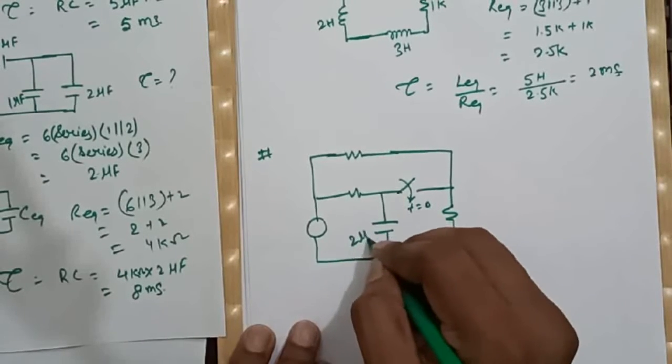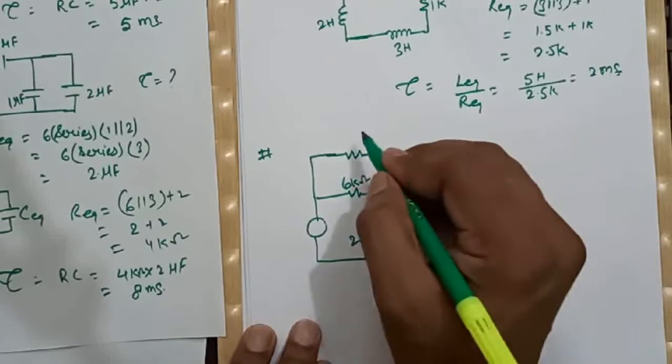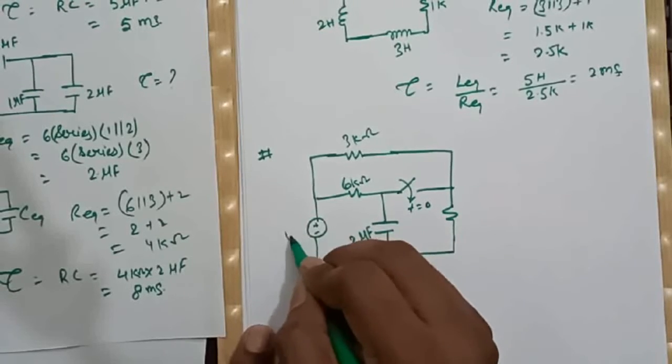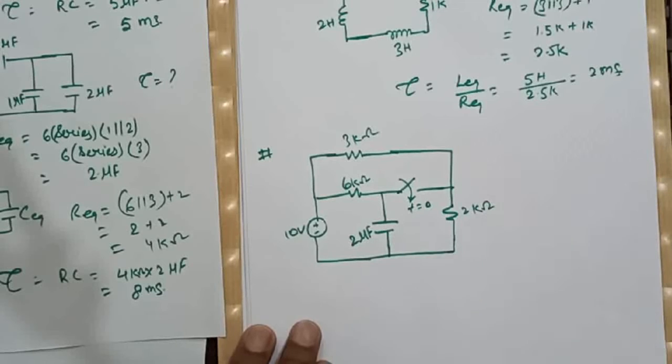Now this is 2 microfarad, this is 6 kilo ohm, this is 3 kilo ohm, this is plus or minus 10 volts, this is 2 kilo ohm.